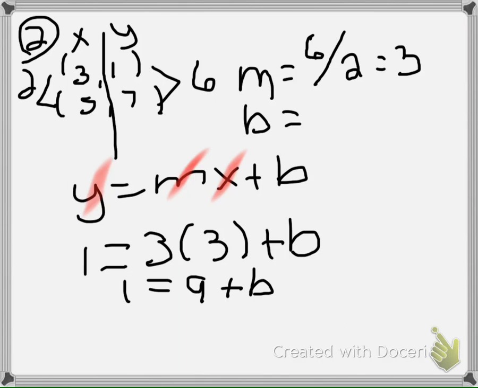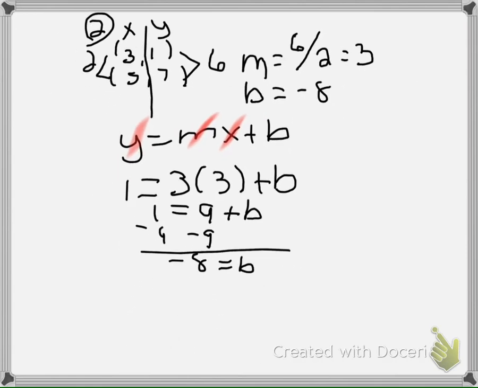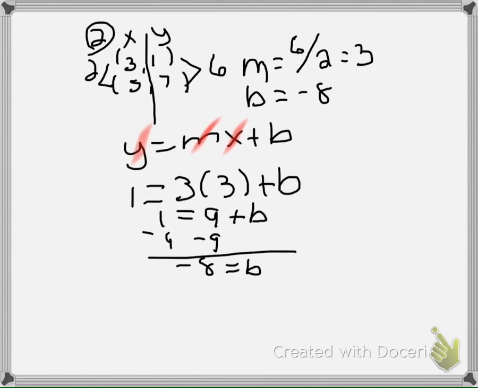To do that, I'm going to subtract 9 on both sides. I have my M. I have my B. I'm ready to write the equation. I'm going to shrink the screen. There we go. Y equals M X plus B. We don't write plus -8, so we'll just put -8 there. Done.